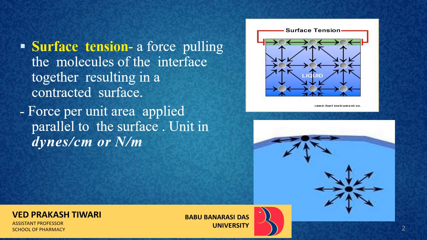This behavior tends to reduce the surface area to the minimum. The force acting on the surface of the liquid is called the surface tension. Here is the best example of the surface tension.